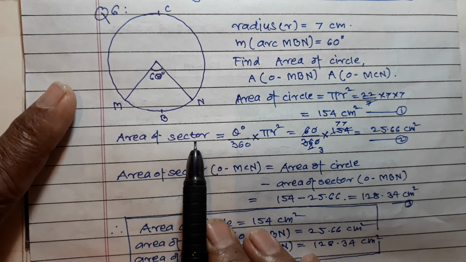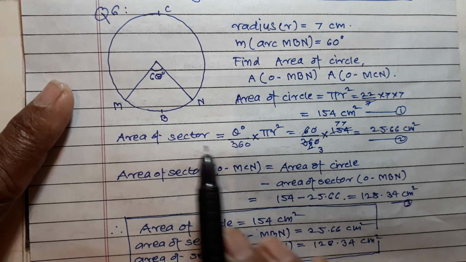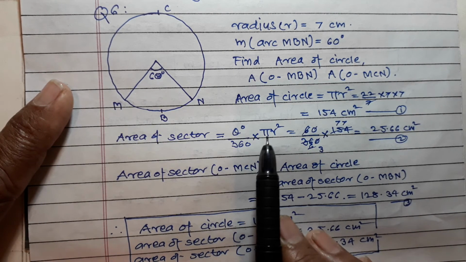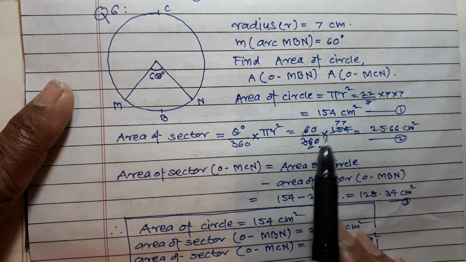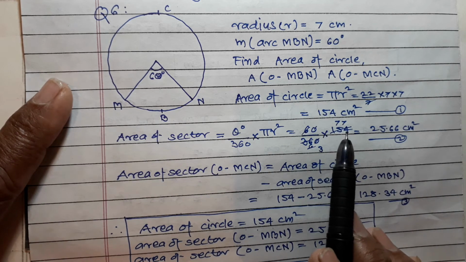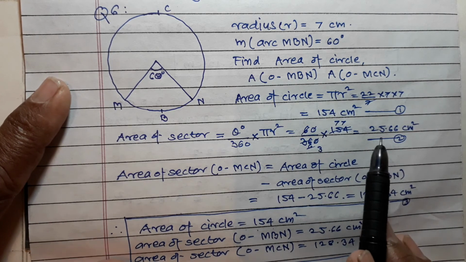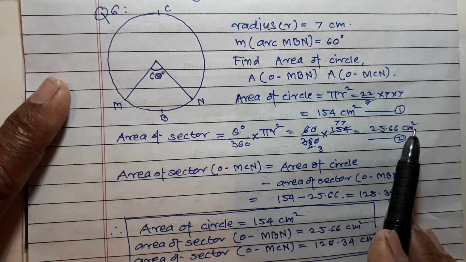Area of sector, this is a minor sector. Area of minor sector is equal to theta upon 360 into pi r square, is equal to 60 upon 360 into 154, and if you simplify this, you will get 25.66 cm square.